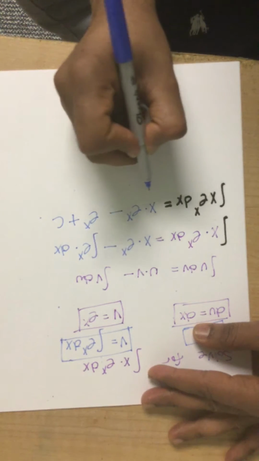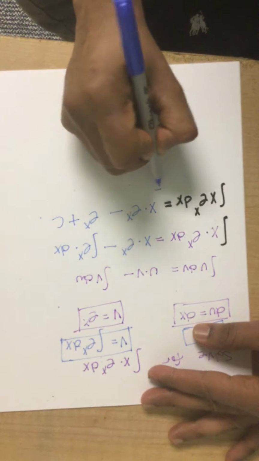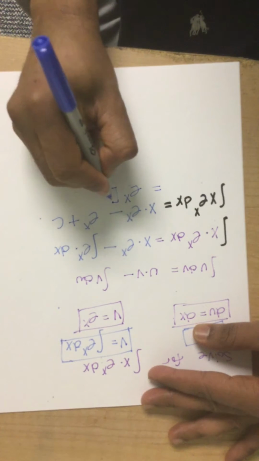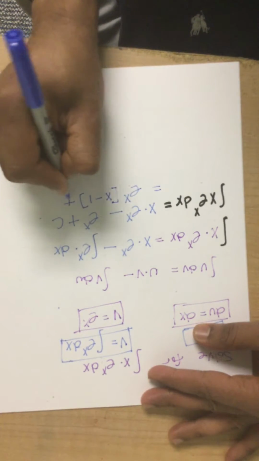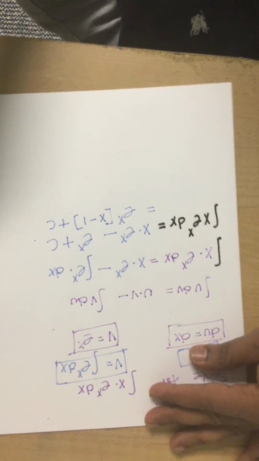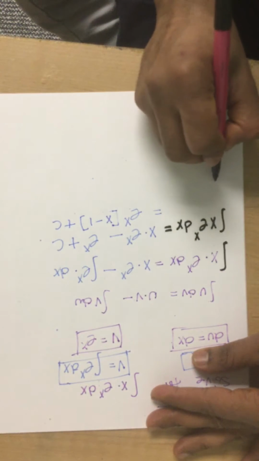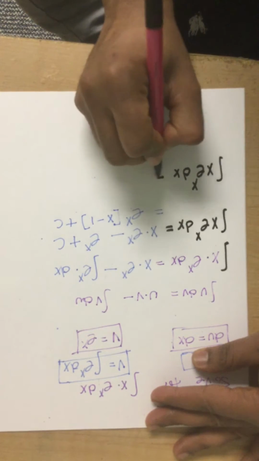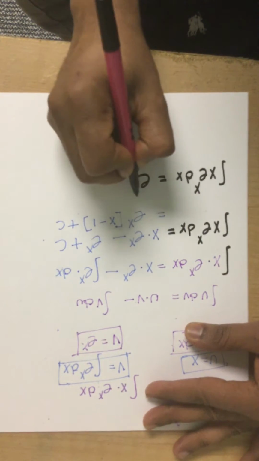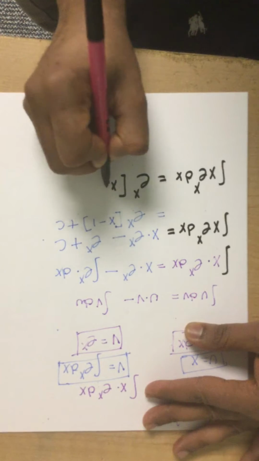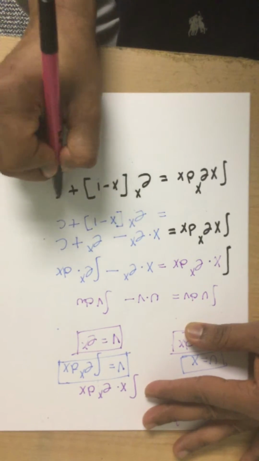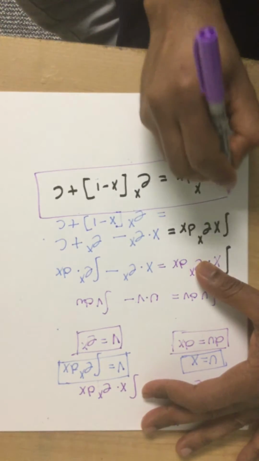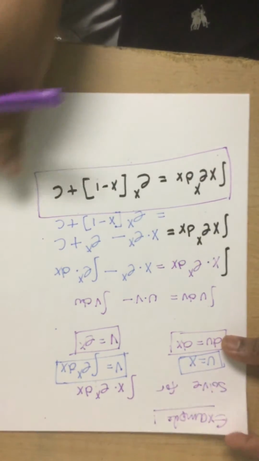So in this case my common factor is e to the power of x, and e^x times (x minus 1) plus c is my final answer. This is my solution. All right, let's do another example.